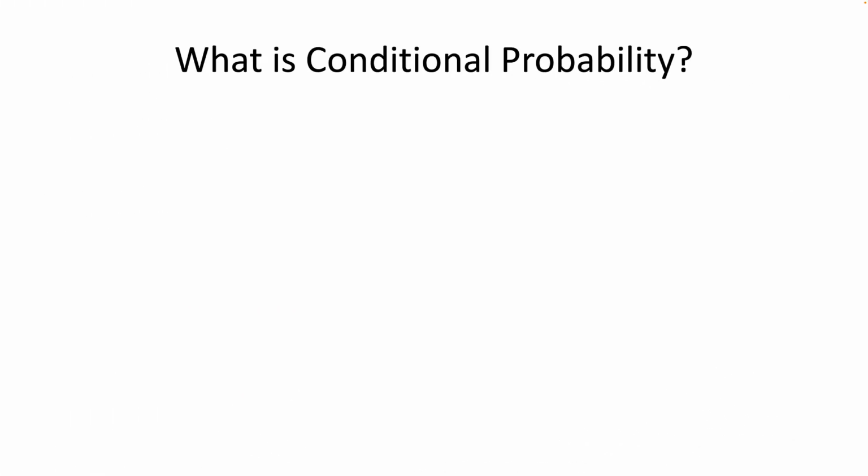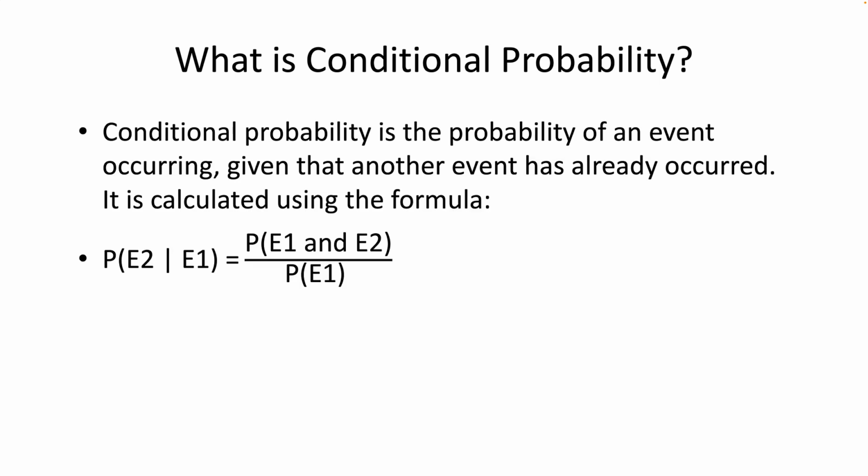Let's take a look at what conditional probability is. Conditional probability is the probability of an event occurring given that another event has already occurred. It's calculated using the formula P of event 2 given event 1 is equal to P of event 1 and event 2 occurring divided by P of E1 occurring.